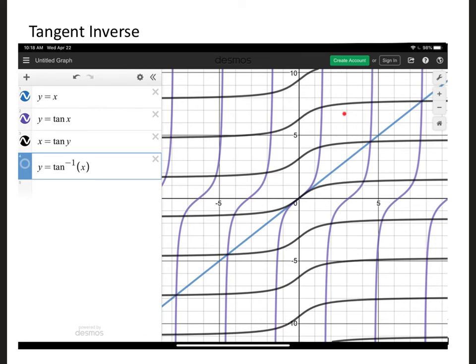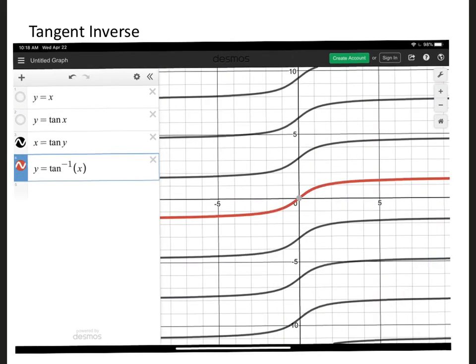This fails the vertical line test, so I am going to limit and crop this equation to create the tangent inverse function. Cleaning up my graph just a tiny bit, now I just have the tangent inverse equation, and the selected range, or the cropped range of the tangent inverse function that I'm going to use is just this one piece of tangent inverse.